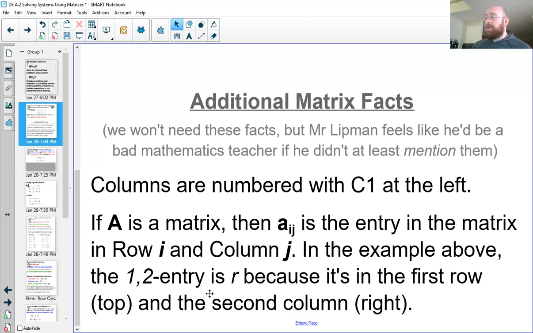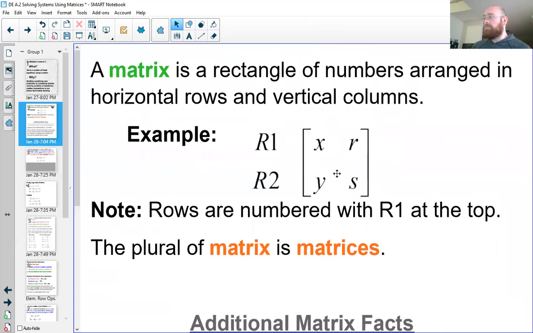So in the example above, the 1, 2 entry is the one in the first row, the top, and the second column. So this would be 1,1, 1,2, 2,1, 2,2, and so on. Matrices are tools, and a lot of what we'll be doing is learning how we use these tools to accomplish specific tasks.